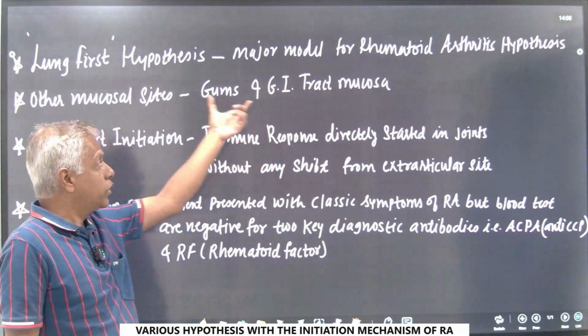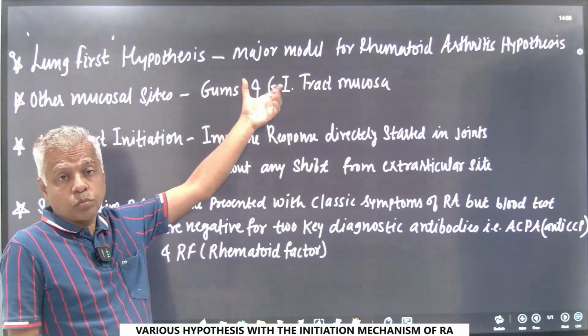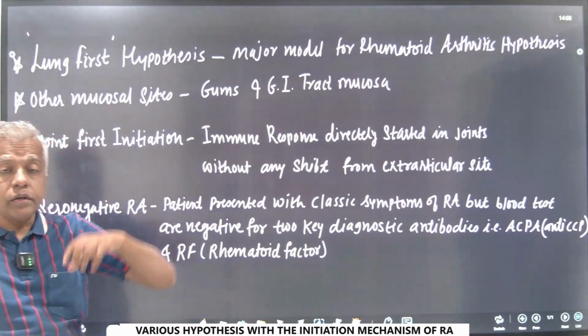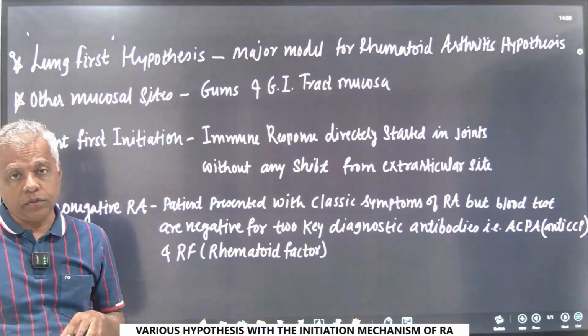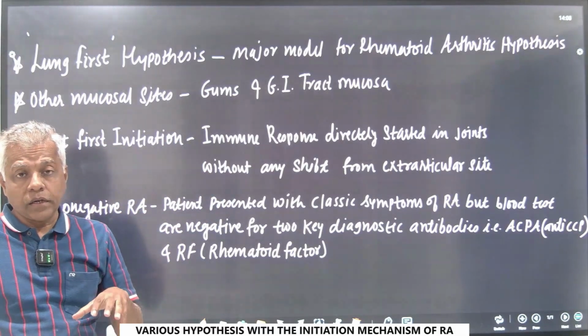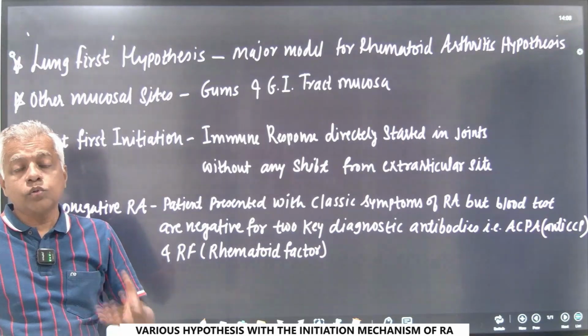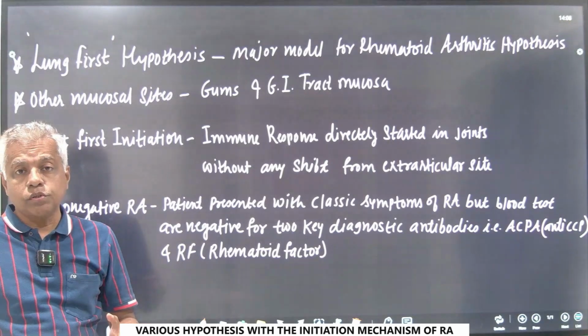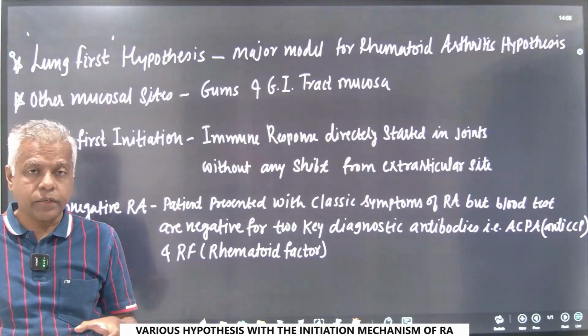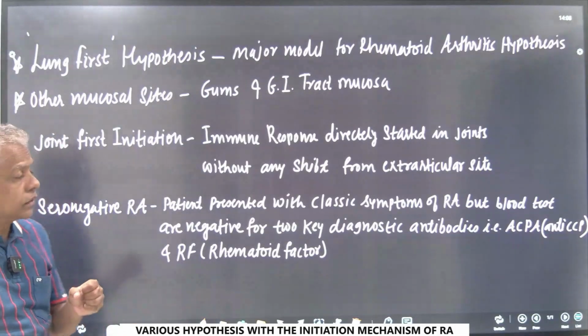So hypercitrullination occurred, antibodies are formed, and antibodies are already circulating in the blood, isn't it? And these antibodies which are already circulating in the blood, because of the hypercitrullination process in the joint, are going to attack the synovial membrane, isn't it?